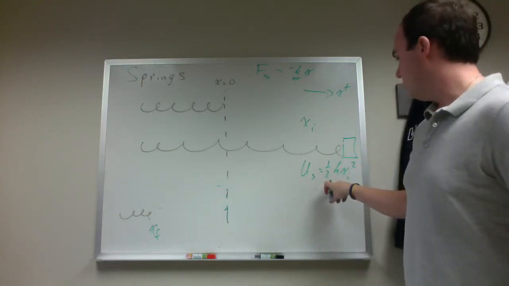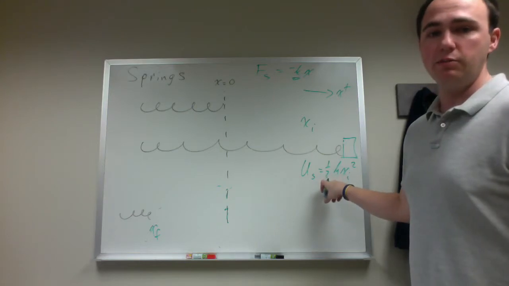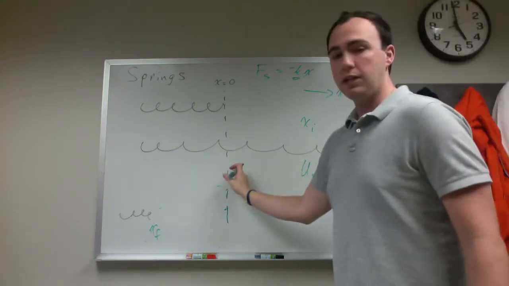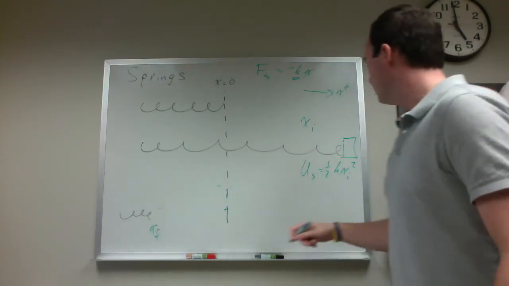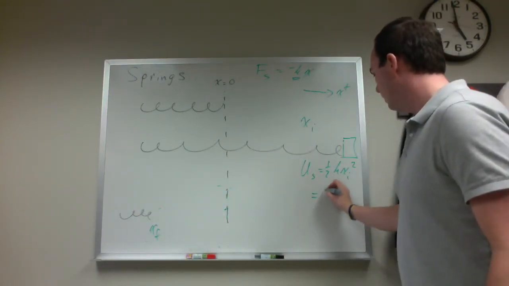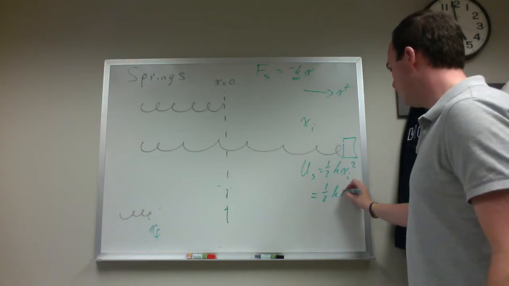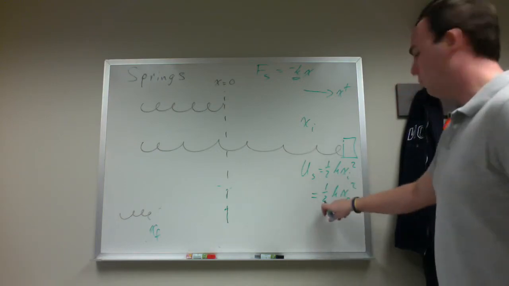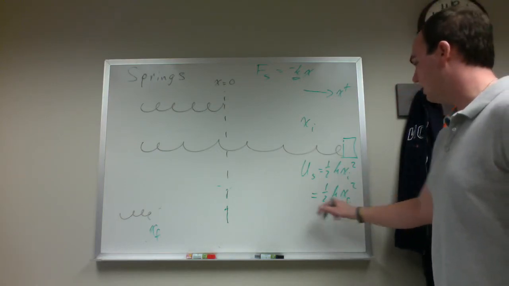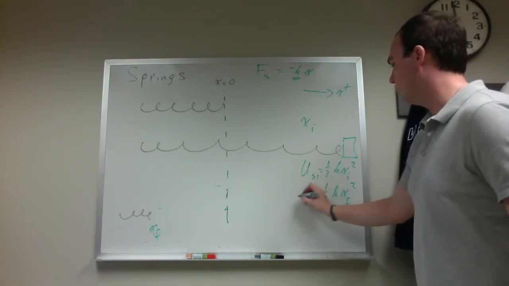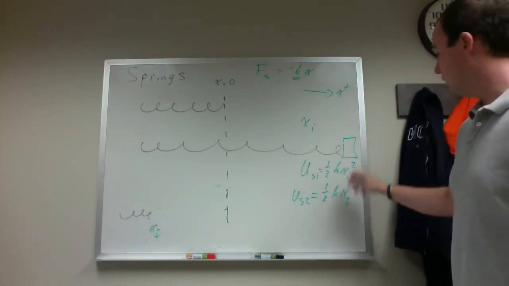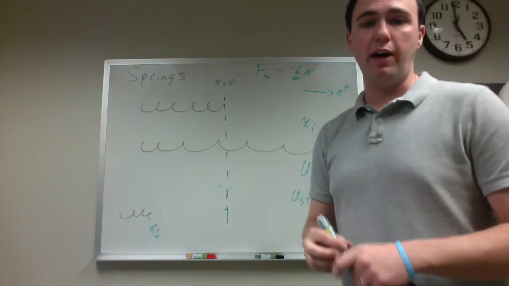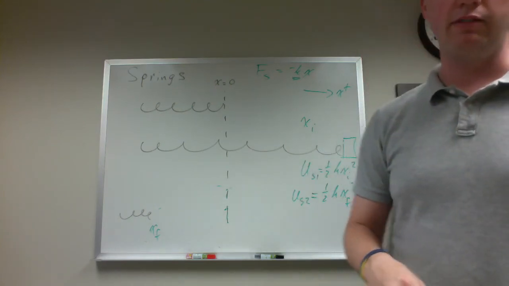So we go from a point where we have this initial potential energy, then we get some kinetic energy in between, and then at the end we get the same spring potential energy. So again, it shows us that we should end up with 1/2 k x final squared as our final. Here's U_S1, here's U_S2. These have to be equal, and so the starting and final displacements have equal magnitude.